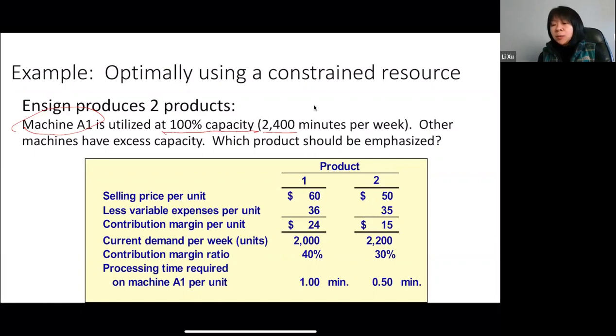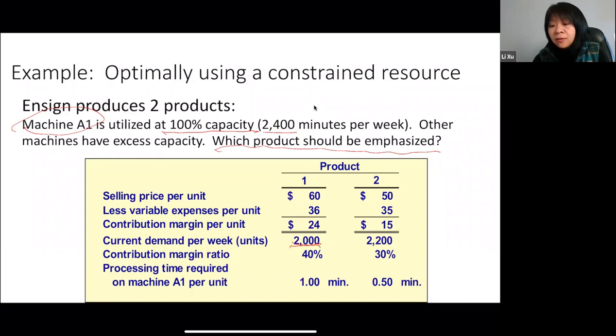Now you have multiple products, product A and B. So here, which product should be the one you're going to emphasize? What does it mean to emphasize? Which is the one you should promote most, produce most? Okay. So here, look at the 2 products, A and B, and their contribution margin per unit is 24 and 15. It also tells you the demand.